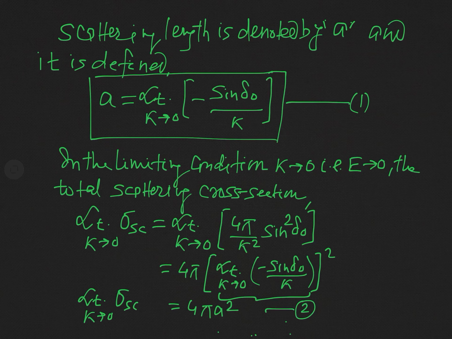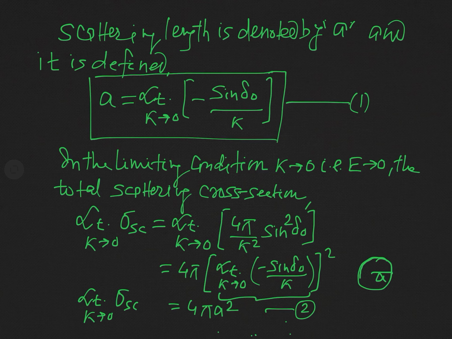Now see this result seriously and think what this result defined in equation 2 in fact indicates. If you will see it seriously, you can see that the total scattering cross section is just equal to area of a sphere of radius A.